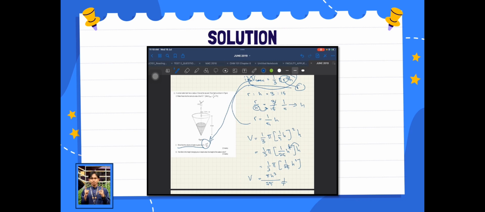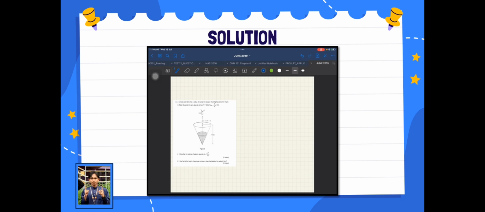Next question is, how fast is the height changing at an instant when the height of the water is 5 cm? The words here mean that we need to find the rate of change of height. We need to find dh/dt when the height is 5 cm.